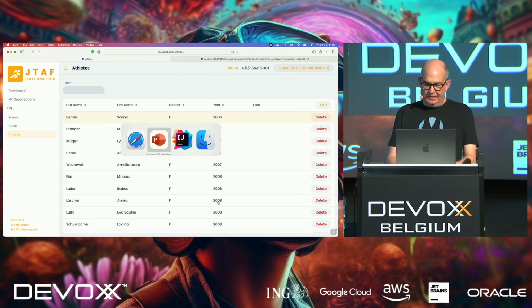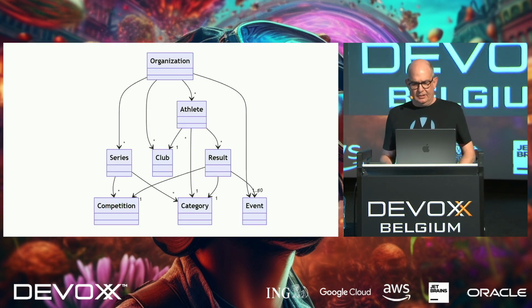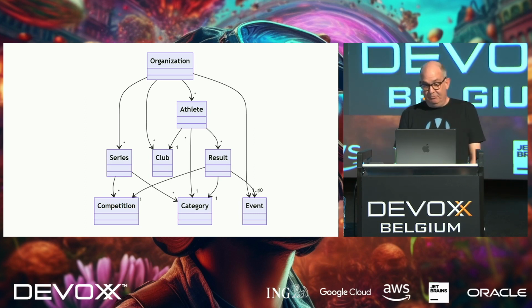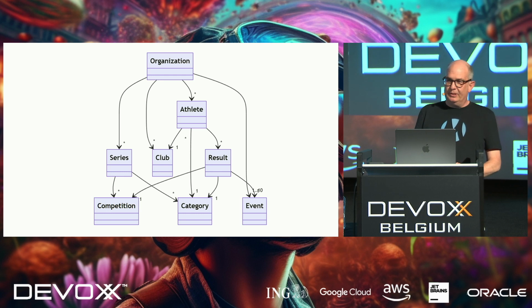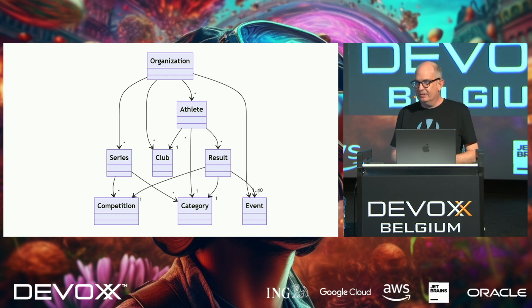I also have a database model for that. This is still the same, more or less, since I started creating this application. The thing that changed during the development is the organization on top, because in the beginning it was not multi-tenant capable, and I added this functionality later on because I also have other sports clubs using this application.